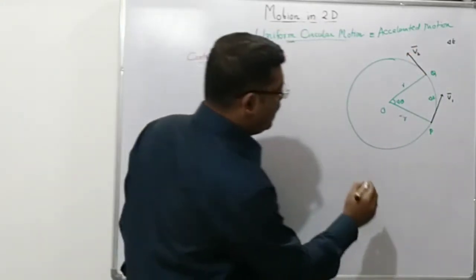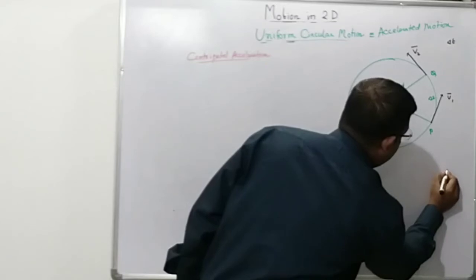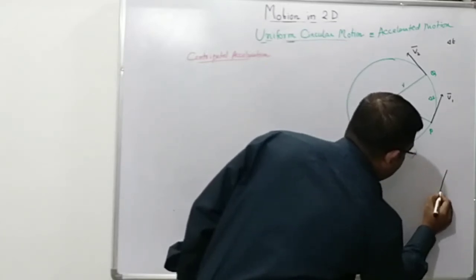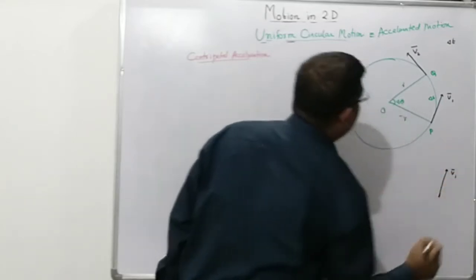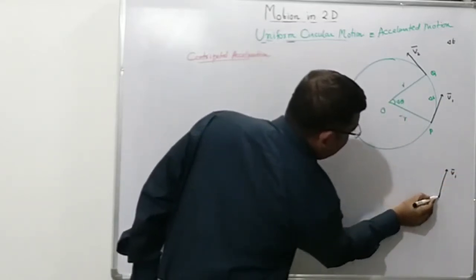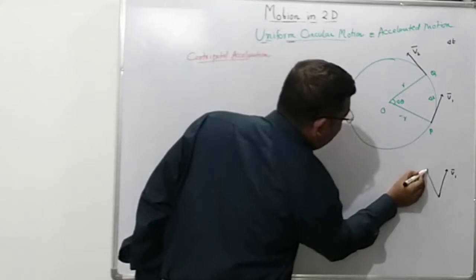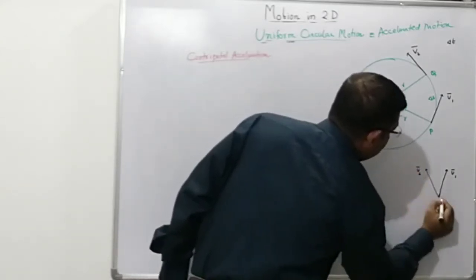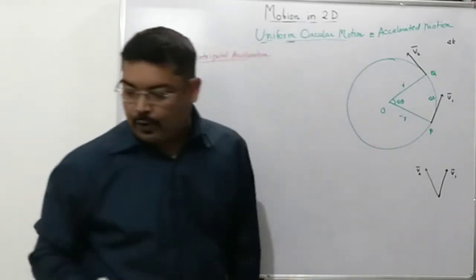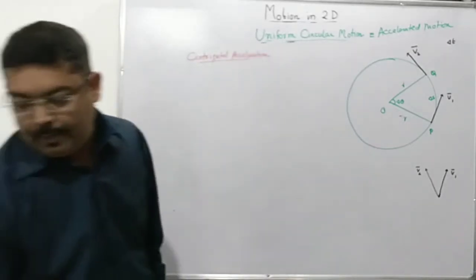We can redraw this diagram here by taking a line parallel and equal to V1, this is V1, and parallel and equal to V2, this will be V2.